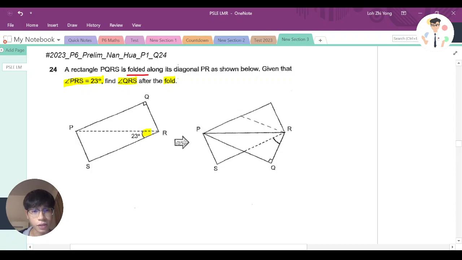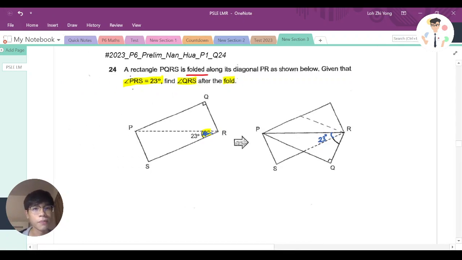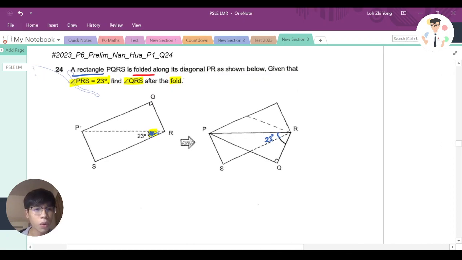So the first thing I can identify is that here is 23, which means that here will also be 23 degrees. Make sense? Good. Now the next part is that since this is a rectangle, I know that all the angles here are 90 degrees.